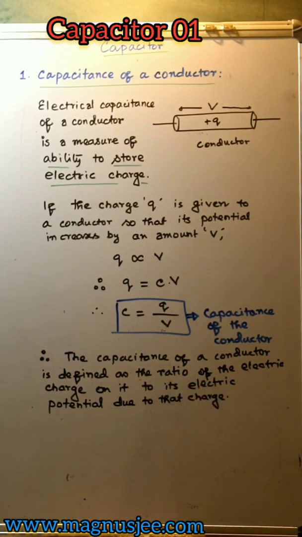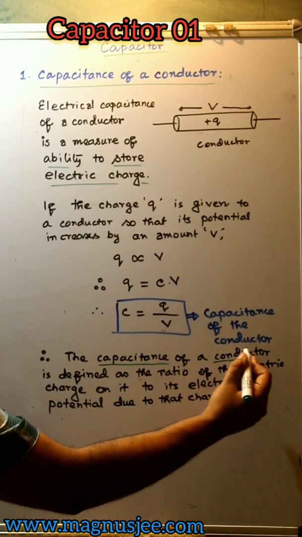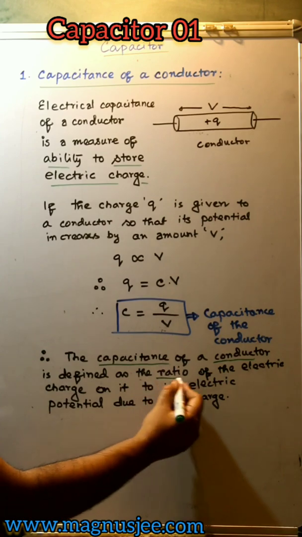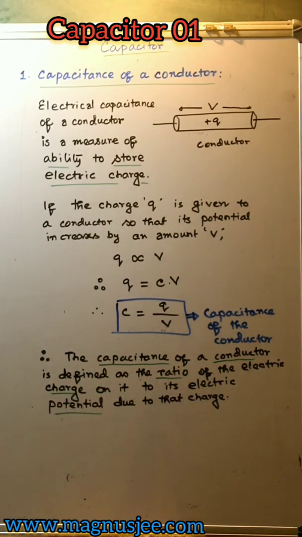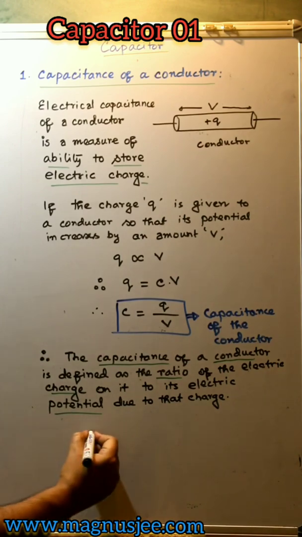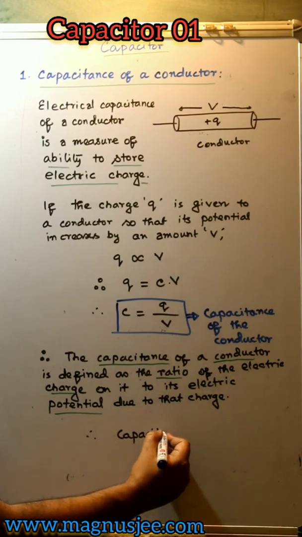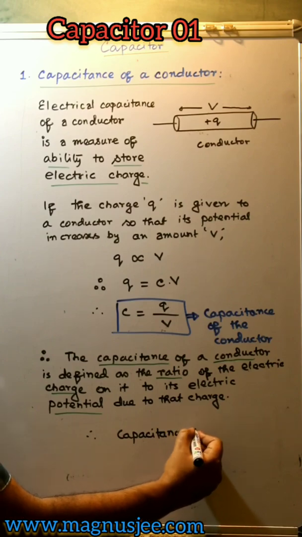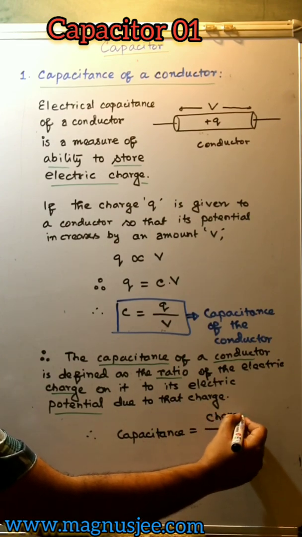So this is the definition of capacitance. Capacitance of a conductor is the ratio of electric charge and the electric potential due to supplying that charge to the conductor. Hence, capacitance is equal to charge by potential.